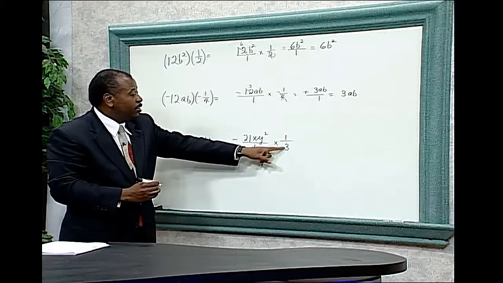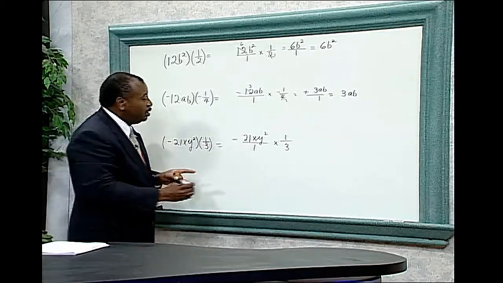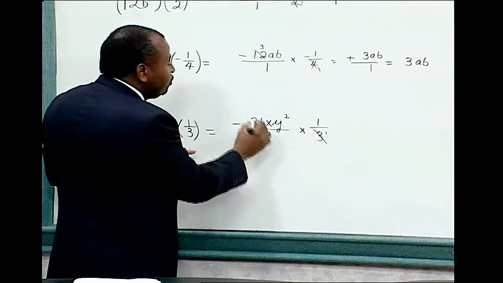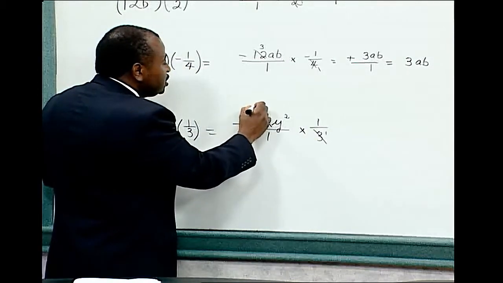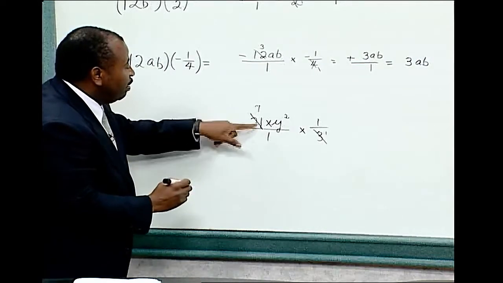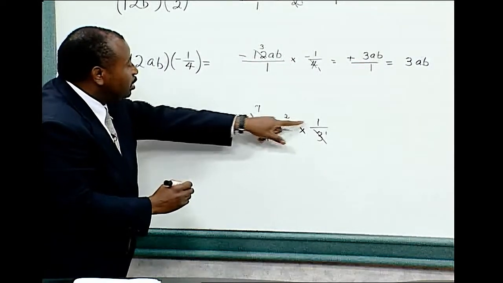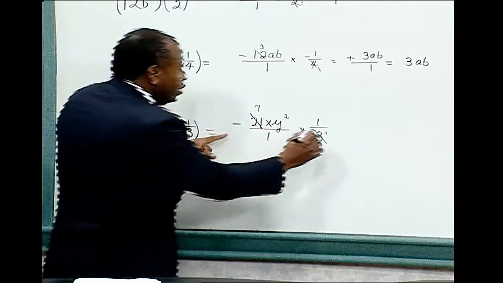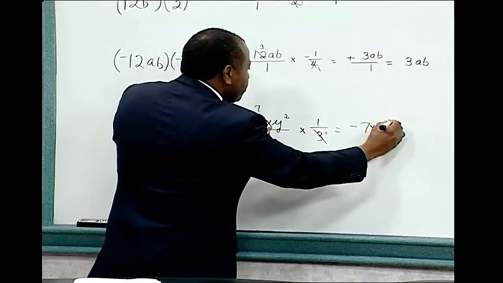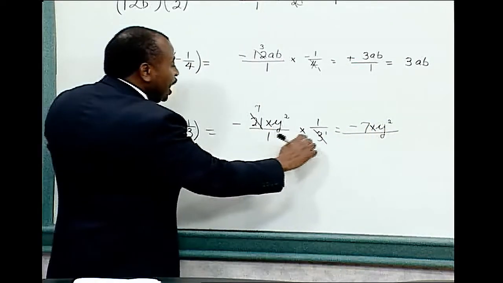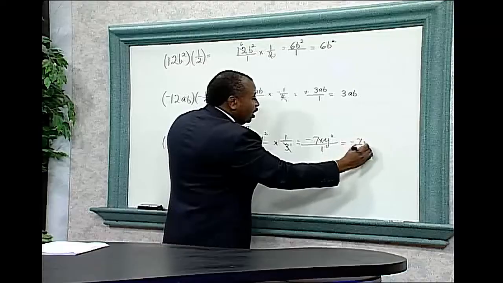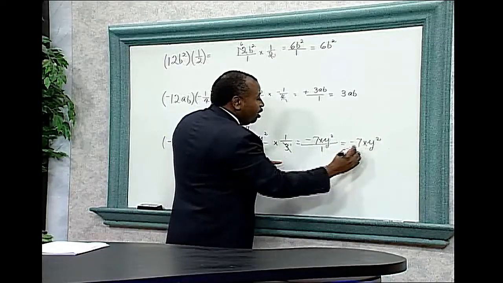Let's apply the rule for cancellation. 3 divides into 3 one time, 3 divides into 21 seven times. This is a negative 7. Negative 7xy to the second power times 1 is equal to a negative 7xy to the second power. 1 times 1 is equal to 1. So the final answer is a negative 7xy to the second power.